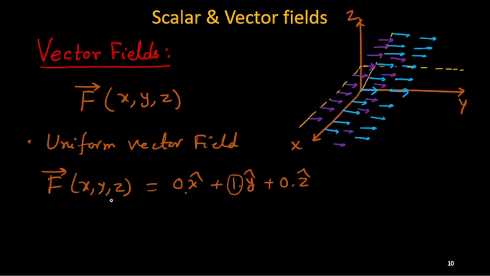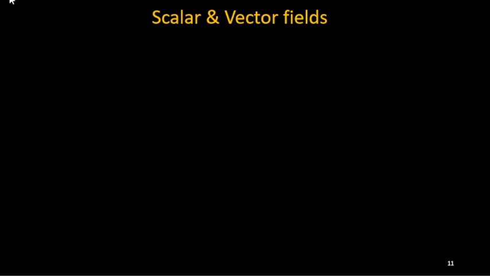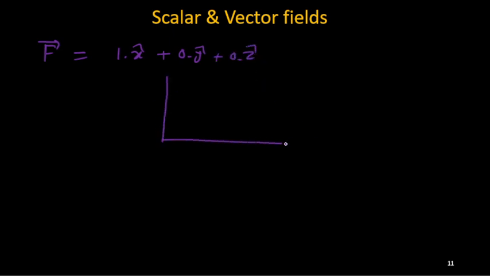Similarly, we can have x direction. So I can have the vector field F, which is suppose 1 times x vector and 0 times y vector and 0 times z vector. That vector field, easily we can draw it. So this is x, it is z, and it is y. So this time what will happen? The vector is directed along this x.